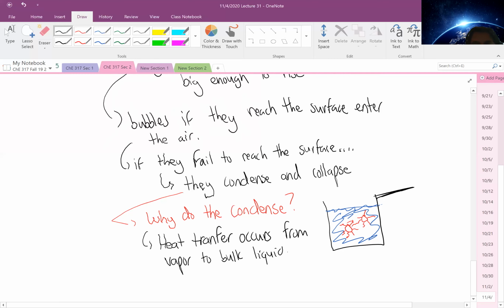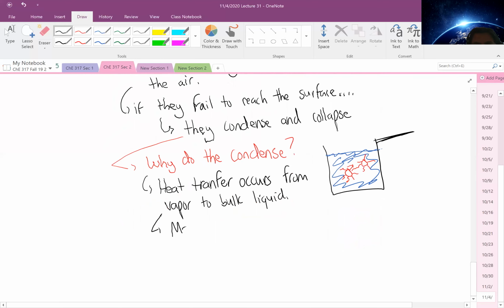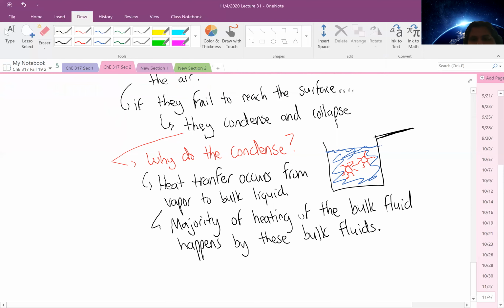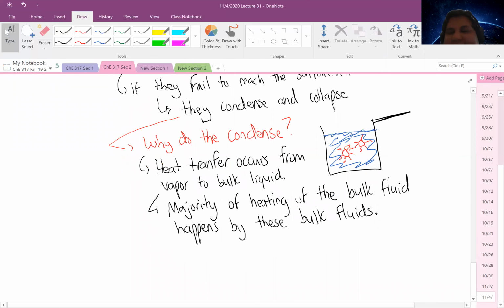And what you'll find is the majority of heating of the bulk fluid happens by these bubbles. And so it heats, it rises, you get the vapor.